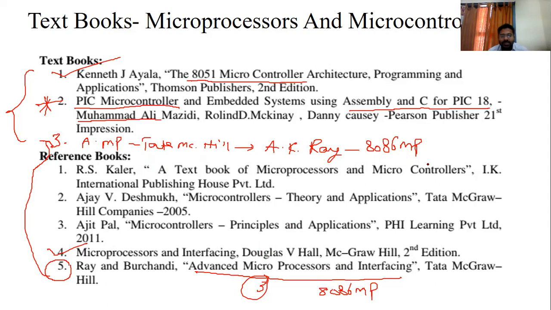Another textbook is also useful for microprocessors and microcontrollers. It is very easy to read and very easy to understand from a student's point of view. The textbook author is Soumitra Kumar Mandal.